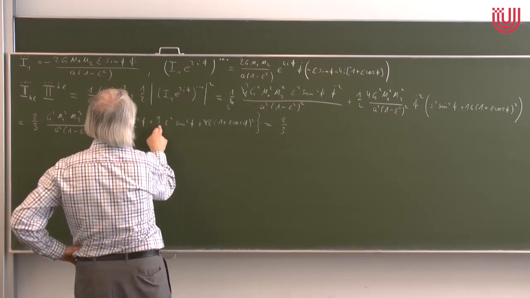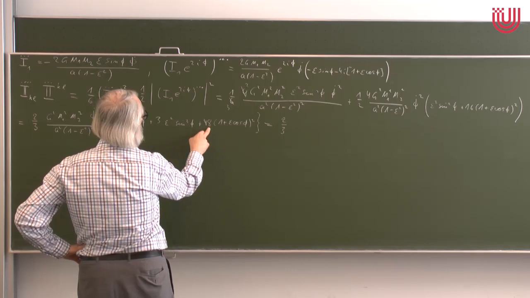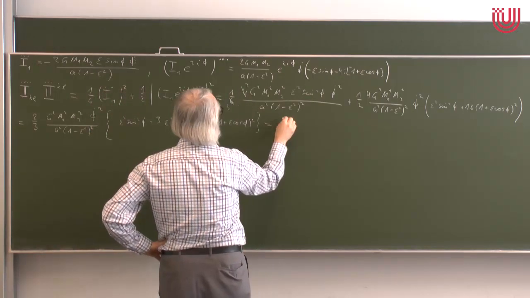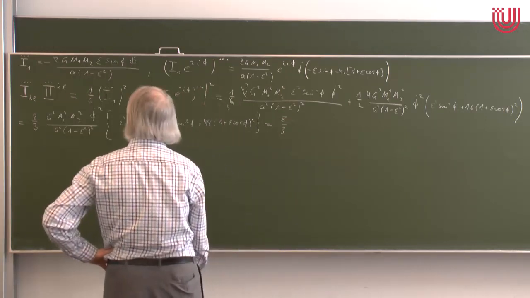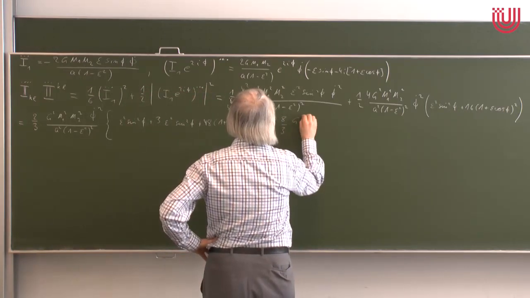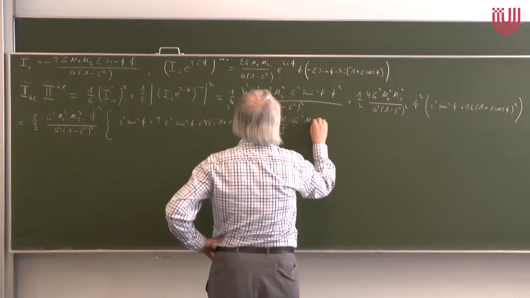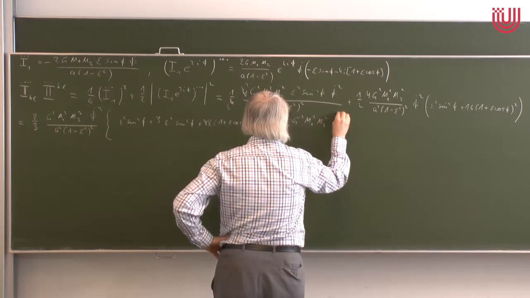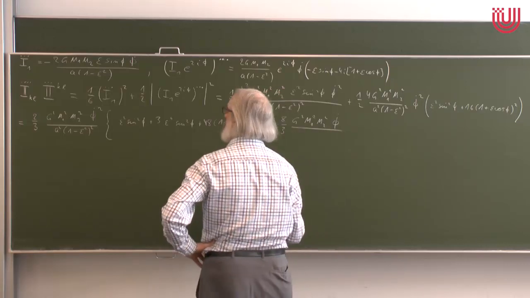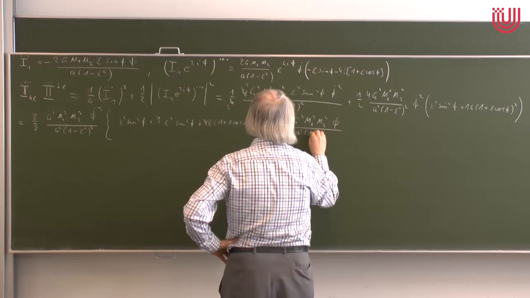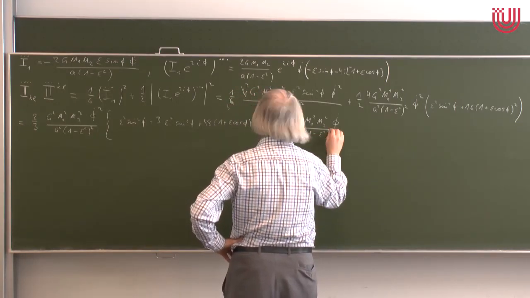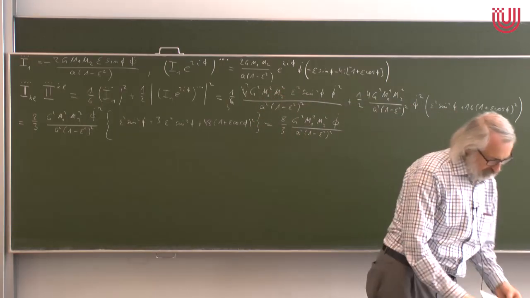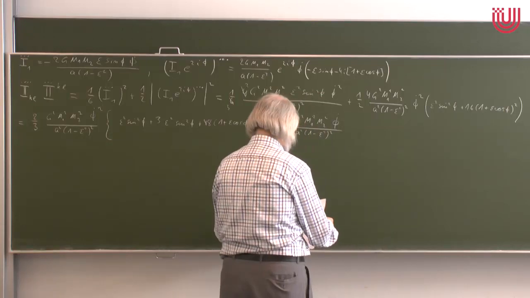This gives 4 epsilon squared sine squared phi, and 48 is also divisible by 4. So let me take a 4 out of this curly bracket. Then I have 8/3 g squared m1 squared m2 squared, and I write only one factor phi dot, and the other one I express as a squared (1 minus epsilon squared) squared, and here I write phi dot in a form we had last time on the board.